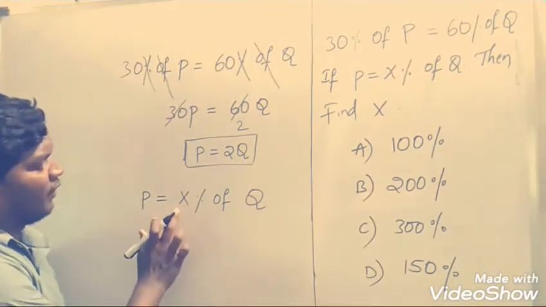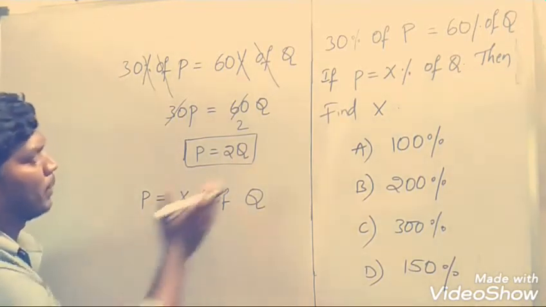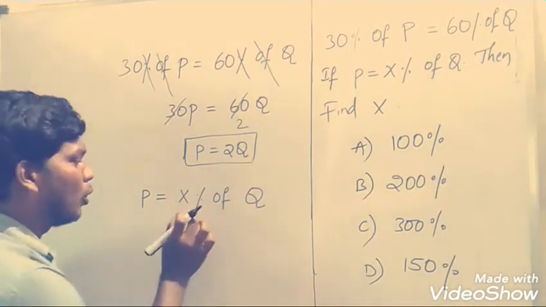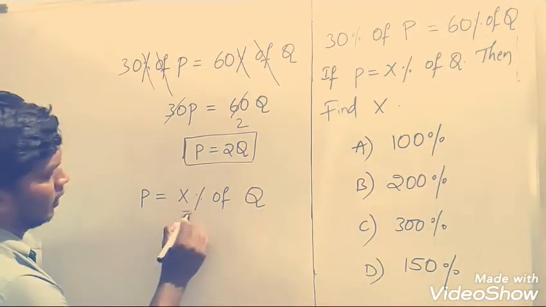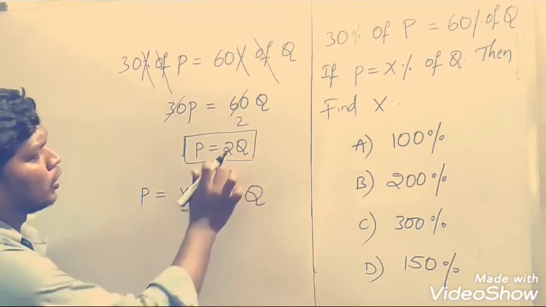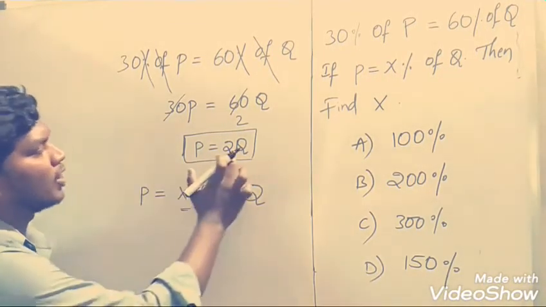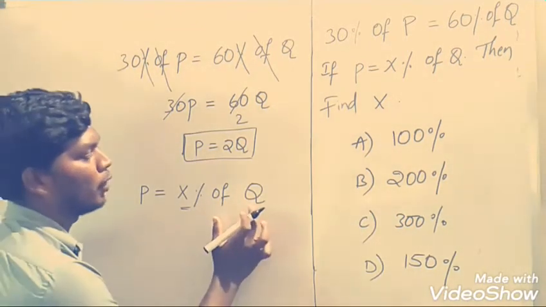Listen friends, if we want to find X, then definitely we must cancel P and Q. Then only we will be able to find the value X. Here we have the value P is equals to 2Q, right friends? So already we have P in terms of Q, and we have Q here.